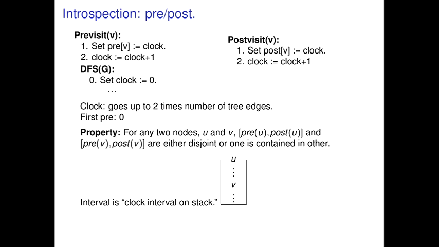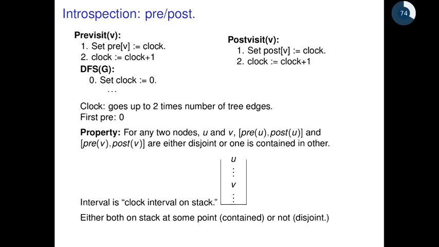If they're on the stack at the same time, that's the case. So either both are on the stack at some point, or they never were on the stack at the same time. If they were never on the stack at the same time, it means one node was put on the stack after the other node was popped. So they must be disjoint. Its pre is after the first guy's post.